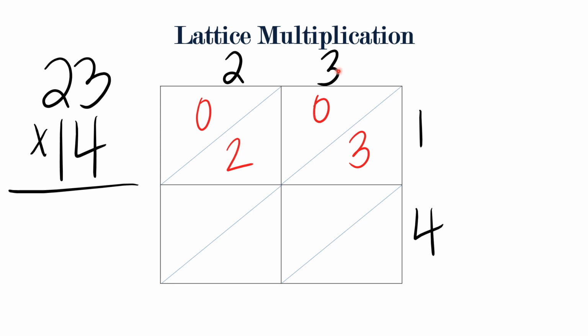All right, now I'm moving down here. 3 times 4 is 12, so I'm going to write 1 and 2 for 12. Lastly, 2 times 4 is 8, so I'm going to write 0, 8.